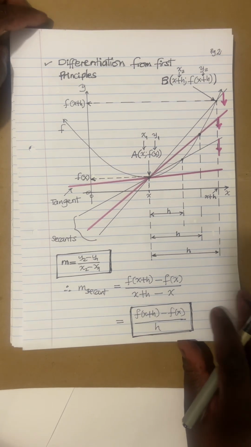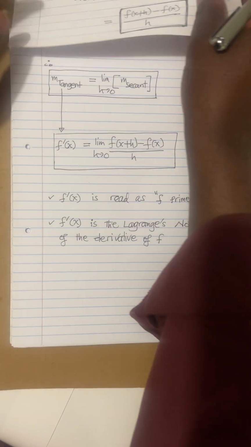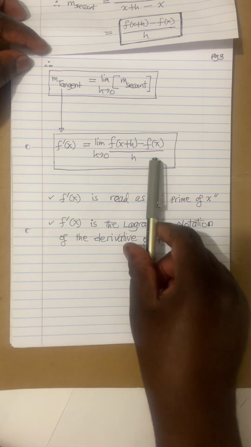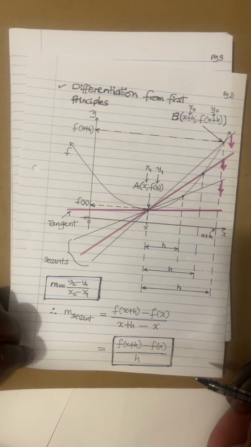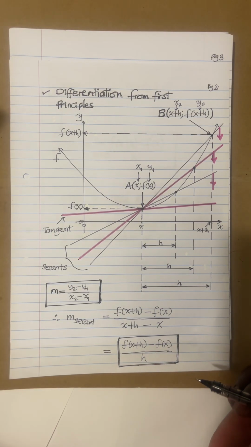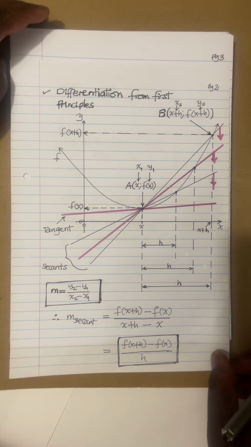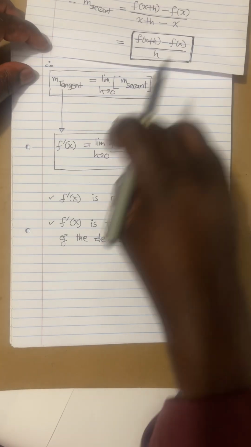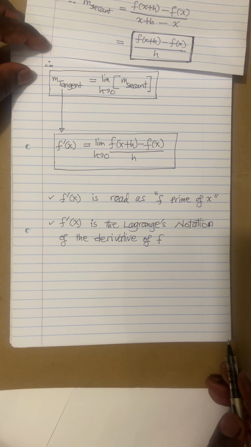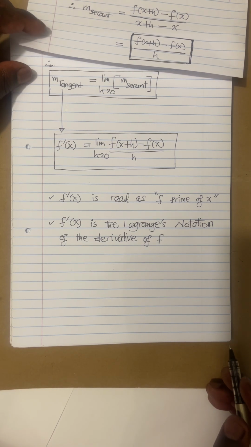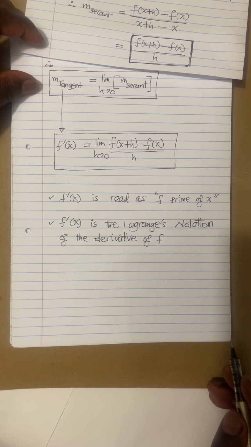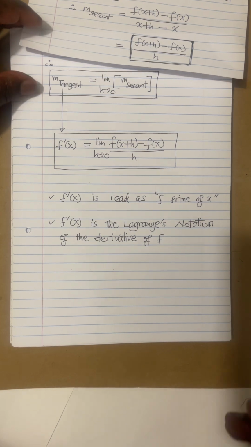Determining the gradient of a tangent to a curve by using this formula is what we call differentiation from first principles. We're going to be using this formula in some cases to determine the gradient of a tangent to a curve. The question must specify, and then we will be able to use that.